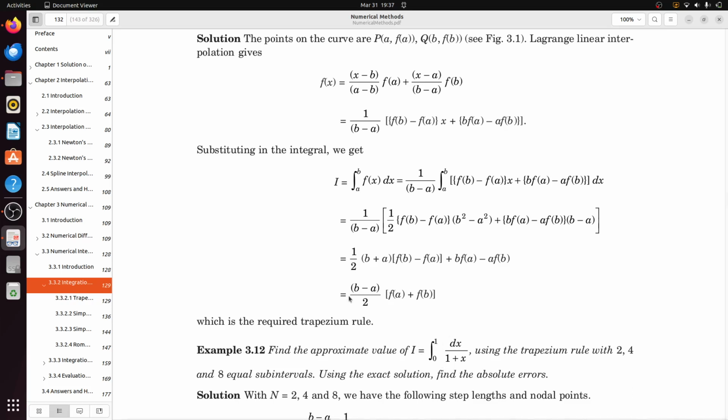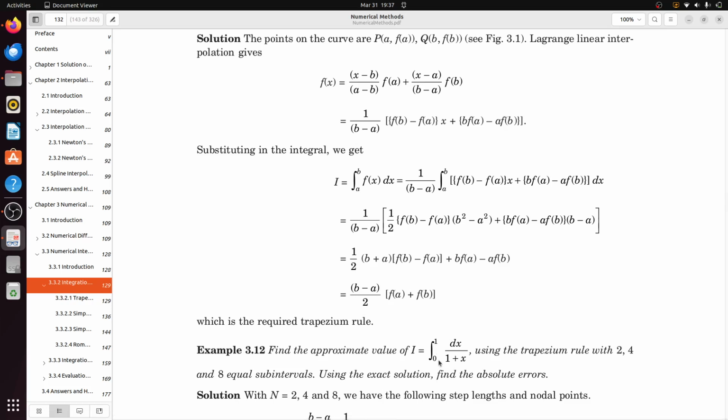Then just solve. So what will be the composite trapezoidal formula? That will be h by 2 into, here, if you break into 2 subintervals, the h will be 0.5, right?